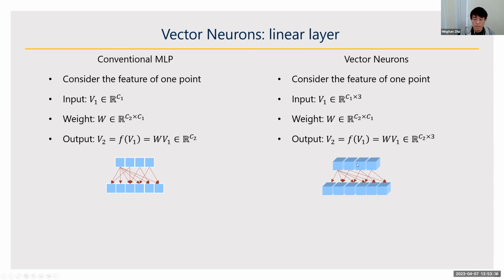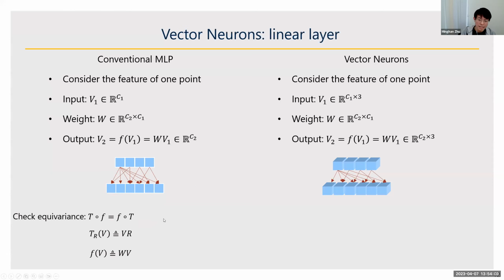And for vector neuron, it is done in the exact same way, except that for every point, the feature has an extra dimension at the end. However, it is not affected by the matrix multiplication because the weight matrix multiplication is on the left. Therefore, the function is of the exact same form, except that the output and input have one more dimension.